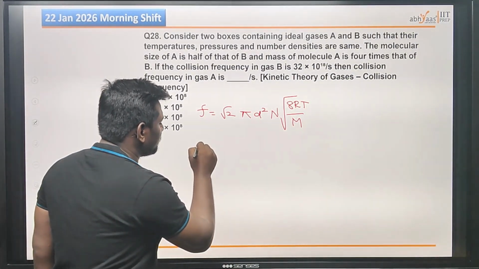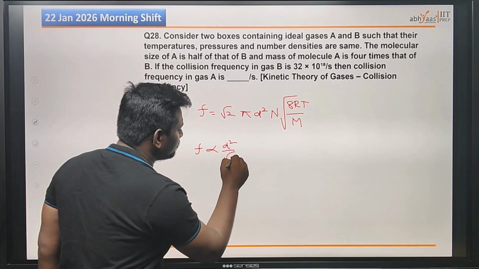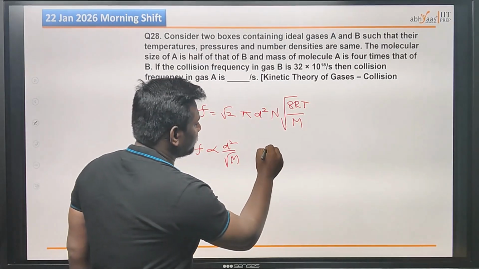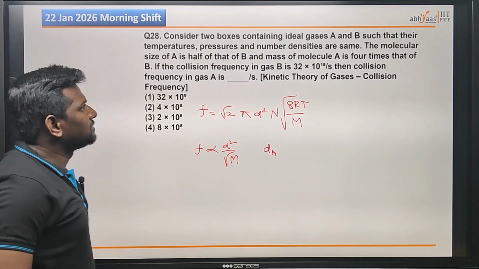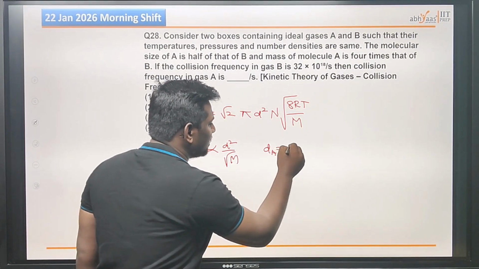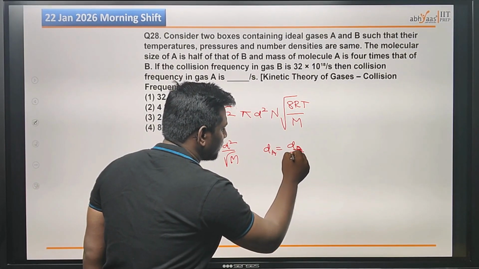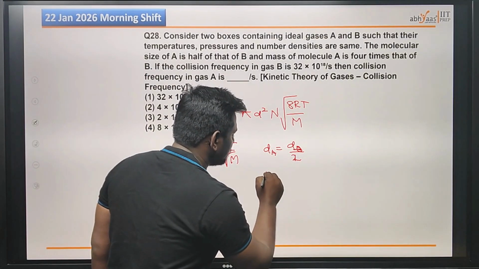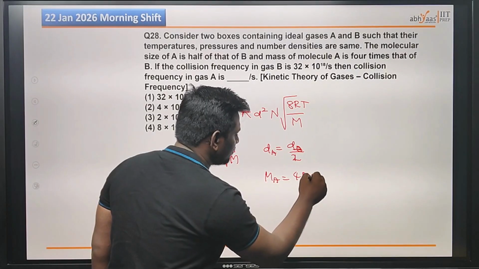So you can write f is directly proportional to d square and inversely proportional to under root M. The molecular size of A is half of the molecular size of the B particle, and the mass of molecule A is 4 times the mass of molecule B.